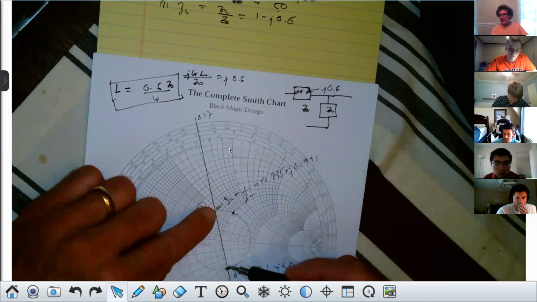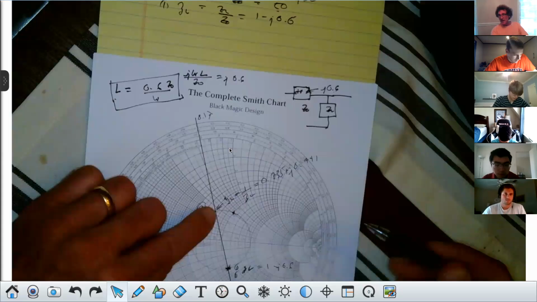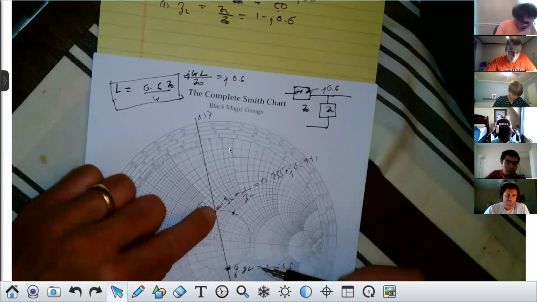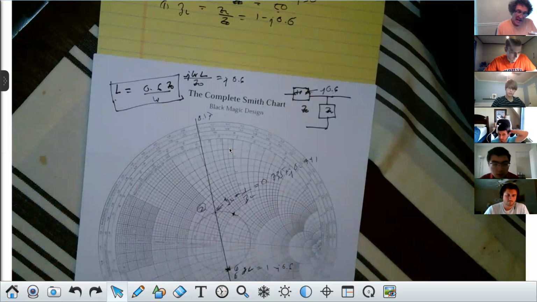Quarter wavelength, it's half around the circle or a quarter lambda, right, class? And then we could insert the value of the component right here. And this is 1 minus J 0.6. So you would want to insert a shunt admittance that would have plus J 1.6. Do you agree with me? Everybody with me on this?